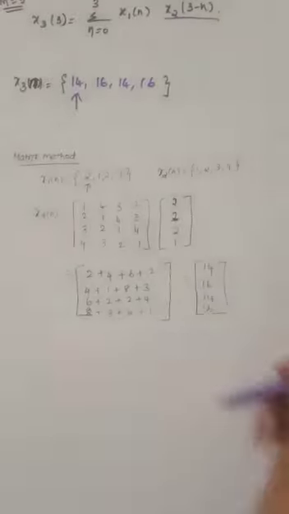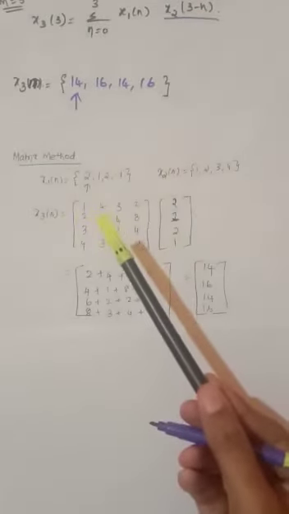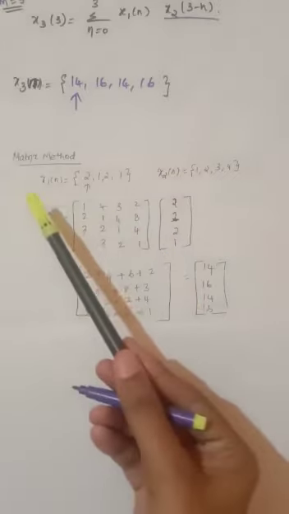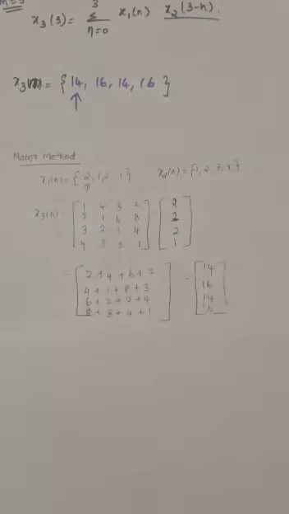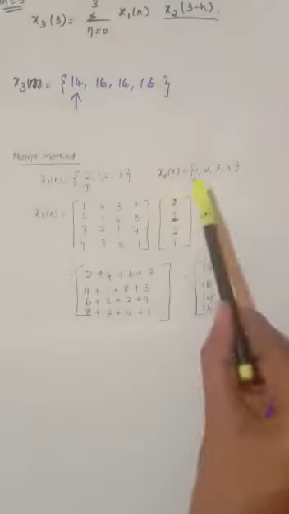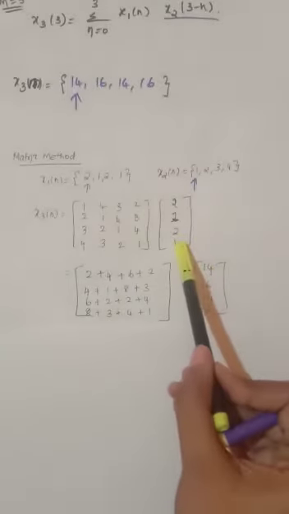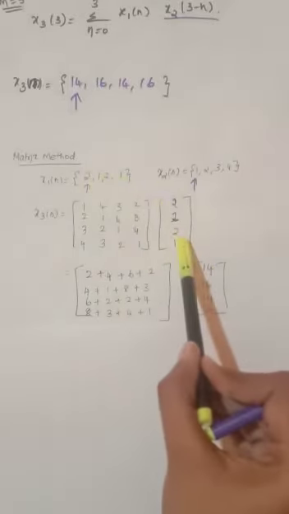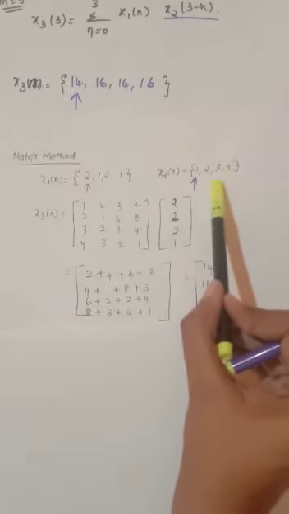Here is another way to check whether your circular convolution answer is correct, by using the matrix method. So the same problem, x1 of n and x2 of n. These are the values at the origin. In convolution, we kept one signal as such, that is x1 of n, and we performed shifting on x2 of n.